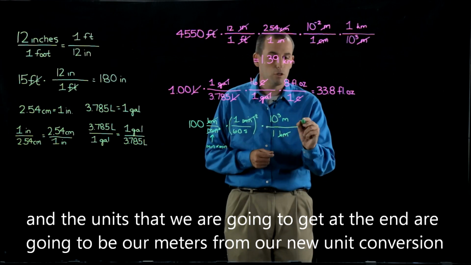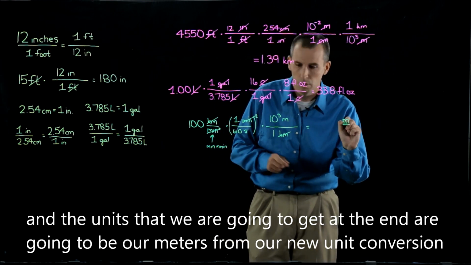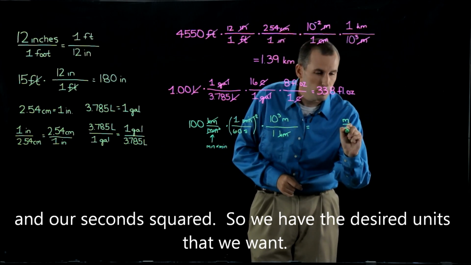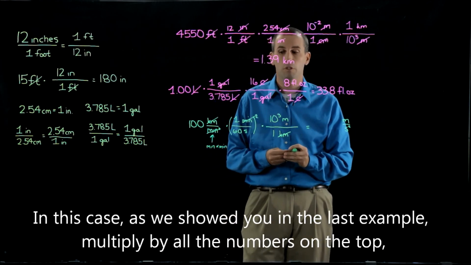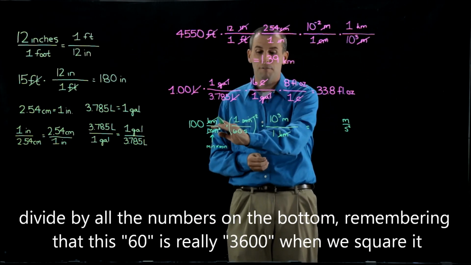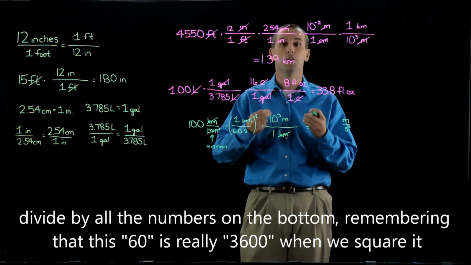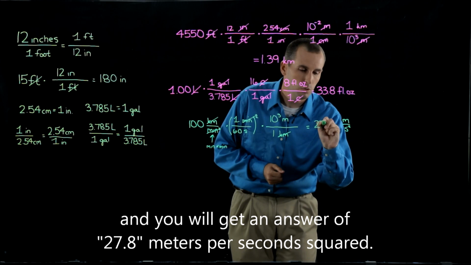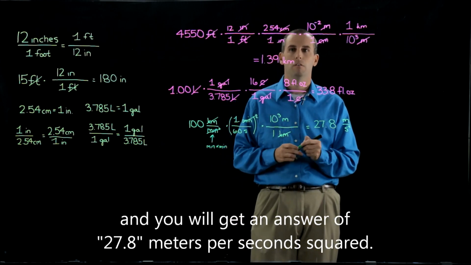And the units that we are going to get at the end are going to be our meters from our new unit conversion and our seconds squared. So we have the desired units that we want. In this case, as we showed you in the last example, multiply by all the numbers on the top, divide by all the numbers on the bottom, remembering that this 60 is really 3,600 when we square it, and you will get an answer of 27.8 meters per second squared.